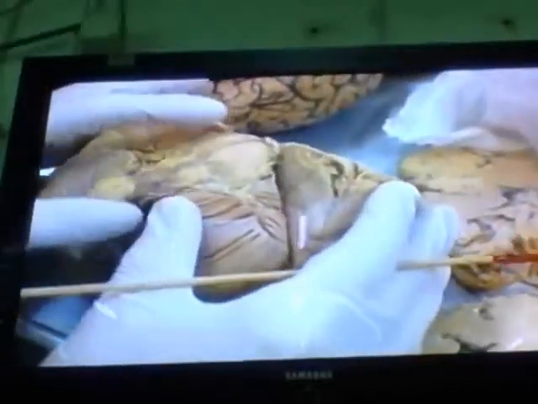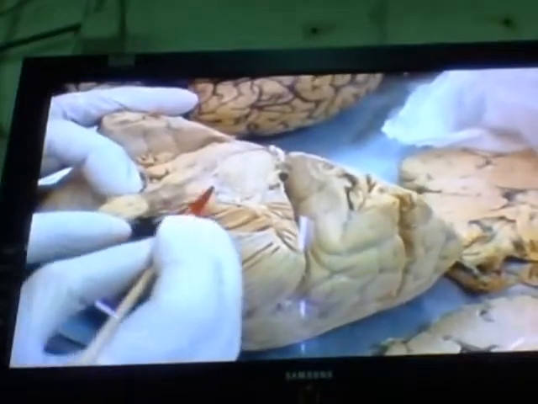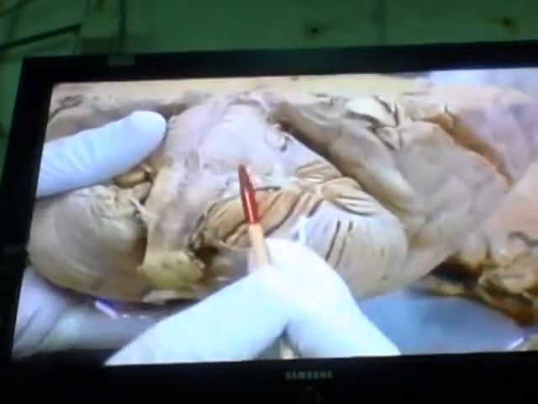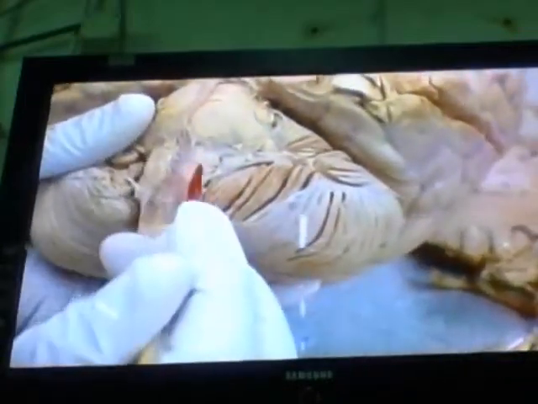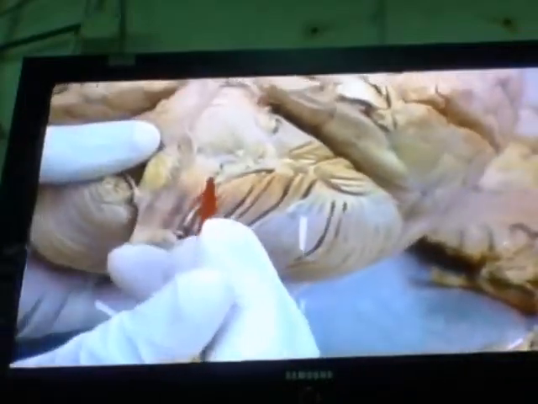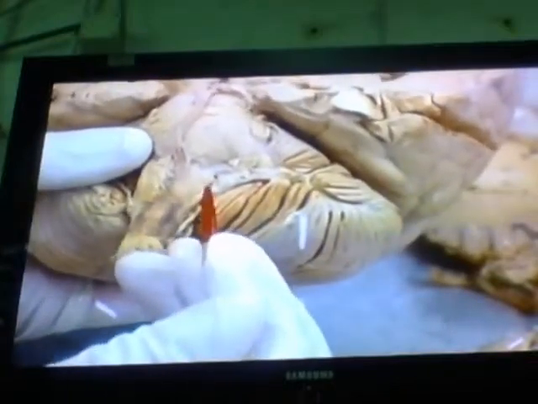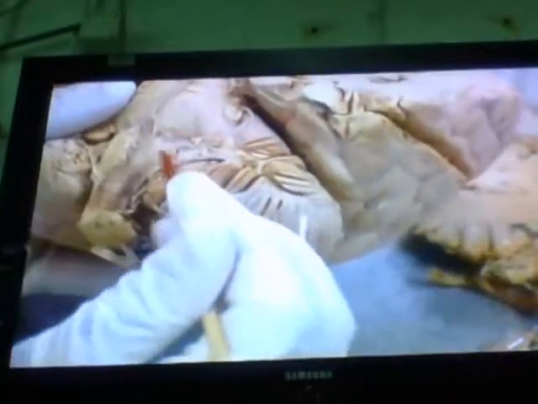Remember that between the olive and the pyramid, what is the nerve passing? You have the hypoglossal nerve. So between the pyramid and the olive, okay? So you see you have some little rootlets coming from the hypoglossal nerve, okay?